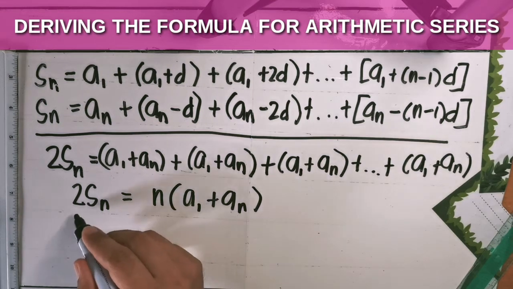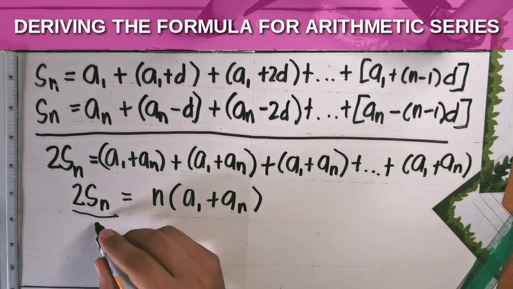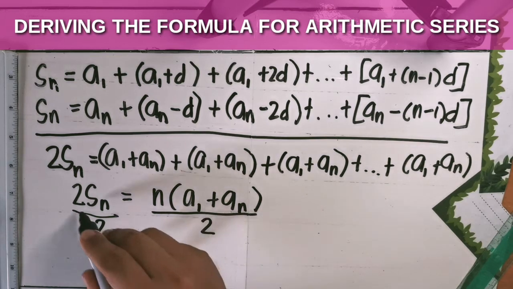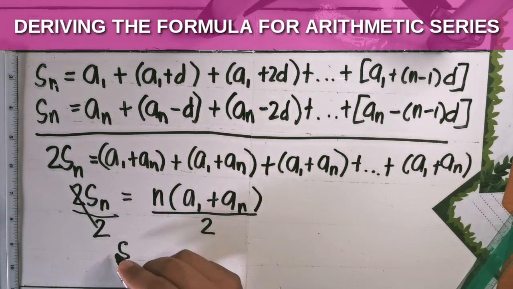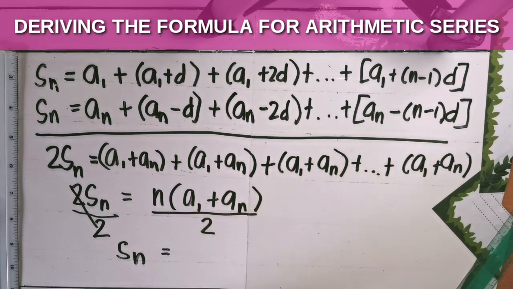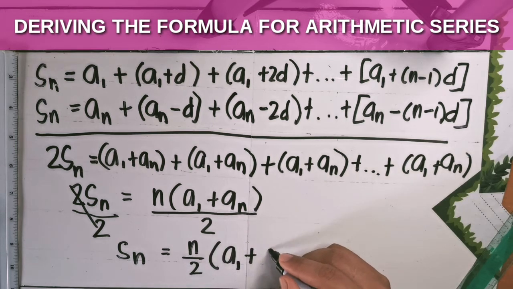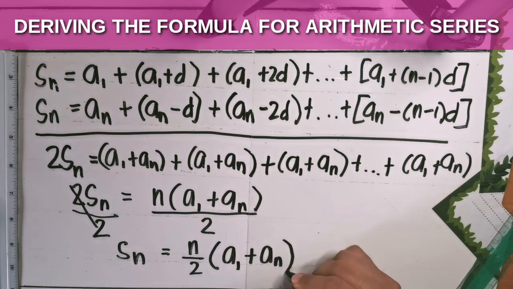Ngayon, merong numerical coefficient ang sum. So, let's divide both sides of the equation by the numerical coefficient. Kaya, the formula to get the sum of the terms of an arithmetic sequence is n over 2 times a sub 1 plus a sub n.